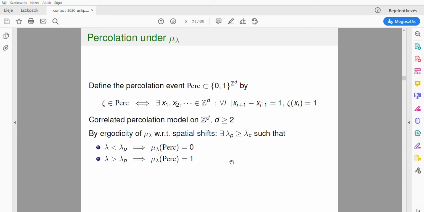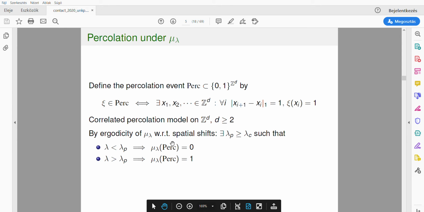But now I want to define a different critical threshold, namely the percolation threshold. If the infection rate is strictly less than this lambda p, then under the upper invariant measure corresponding to this lambda, percolation occurs with 0 probability, so all of the connected components of infected sites are going to be finite with probability 1.